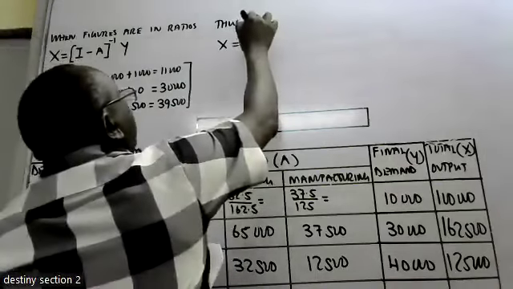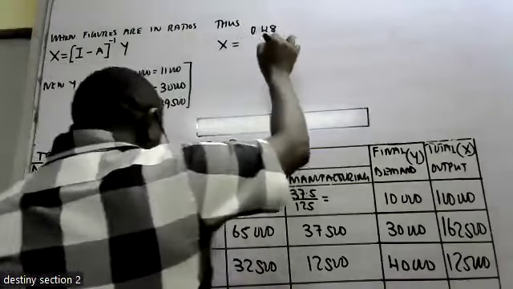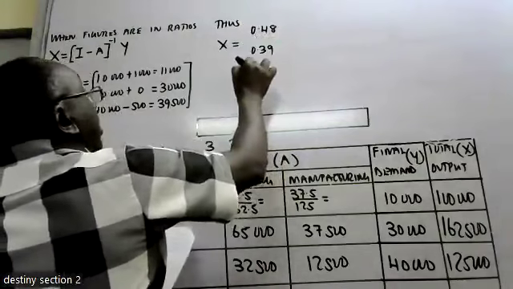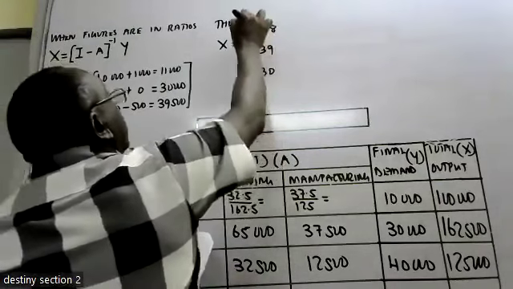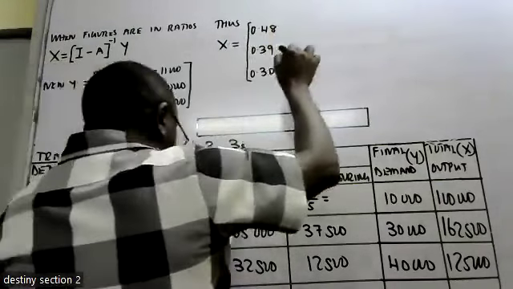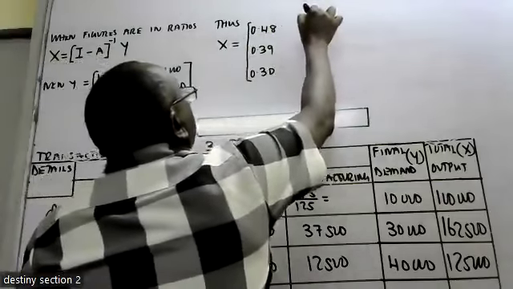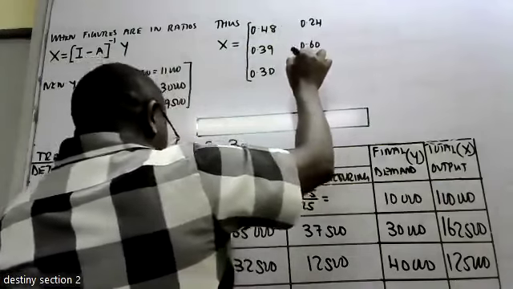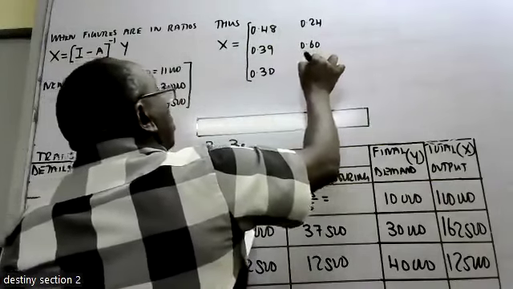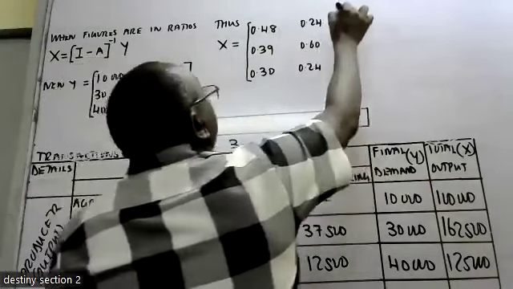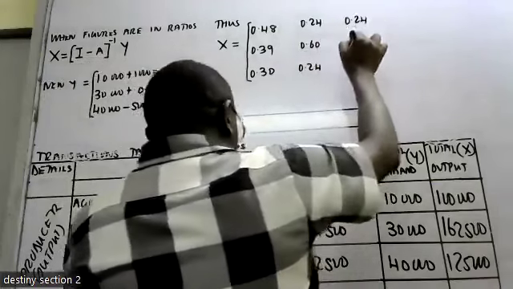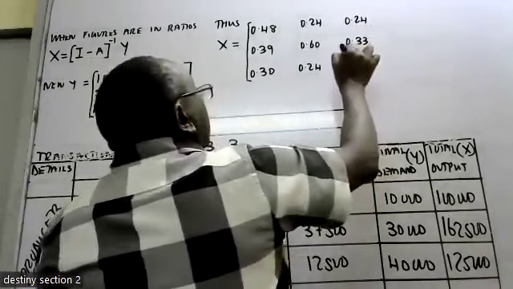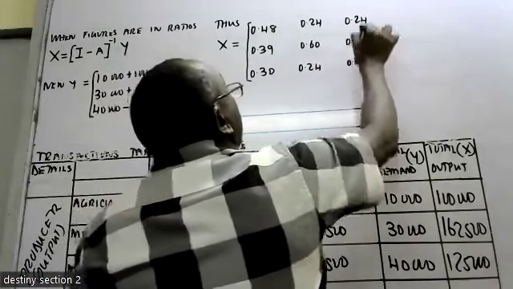So we are going to have 0.48, 0.39, 0.30, 0.24, 0.60, 0.24, 0.24, 0.33, 0.42.